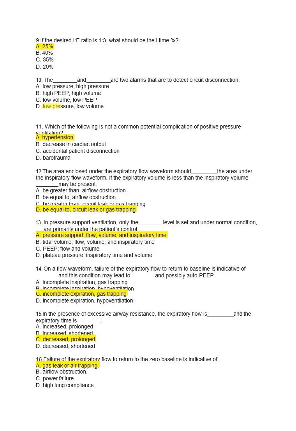So while expressing it as a percentage, 25% of the time will be for inspiration and the remaining 75% will be for expiration. For example, if the total time for a respiratory cycle is 4 seconds, 1 second will be for the inspiration and the remaining 3 seconds will be for the expiration if we are setting the IE ratio as 1:3.